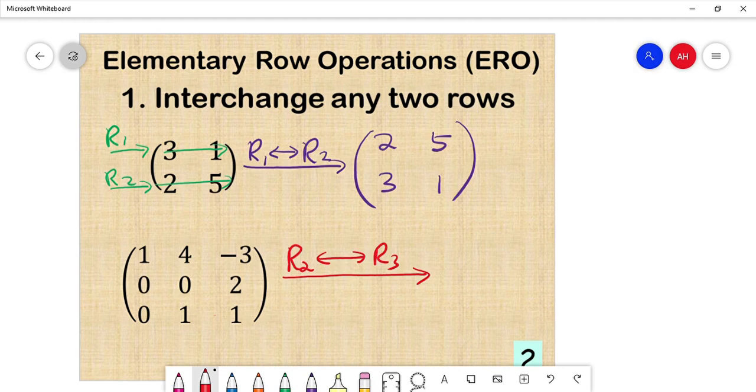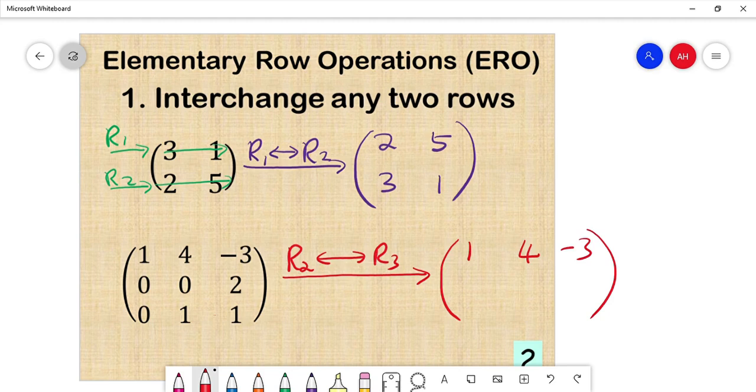We interchange R2 and R3. Row number 1 is still the same, so we have 1, 4 and -3 for row number 1.